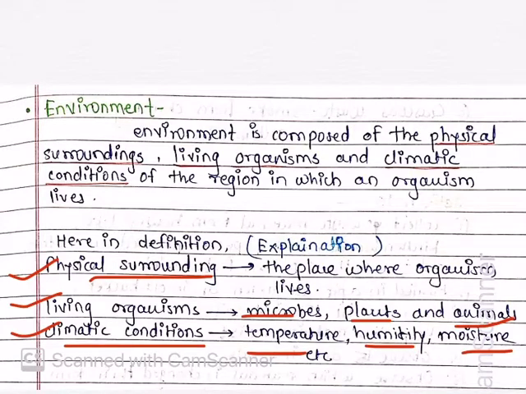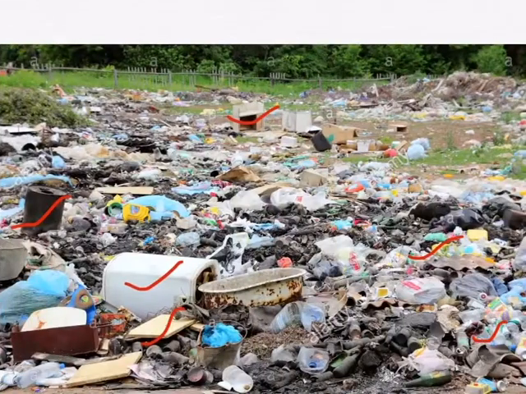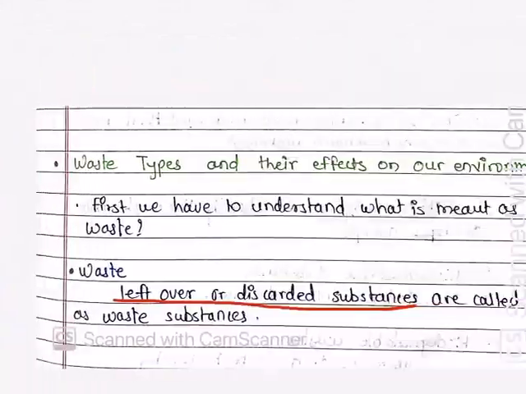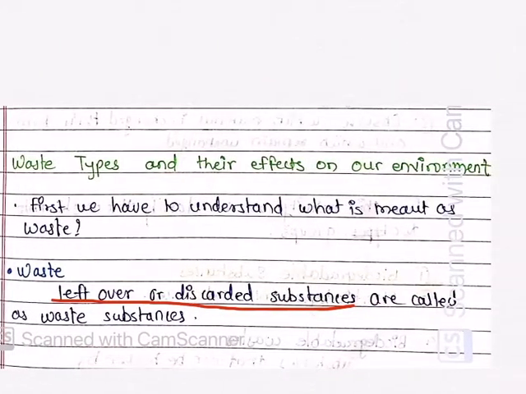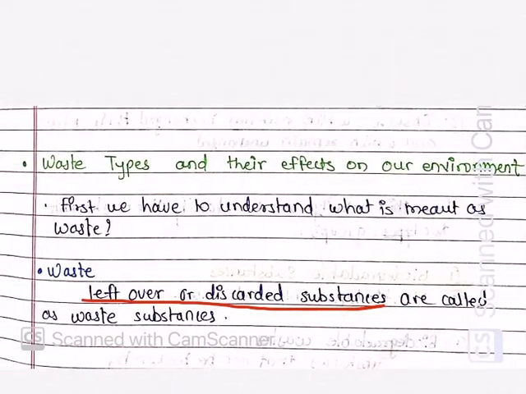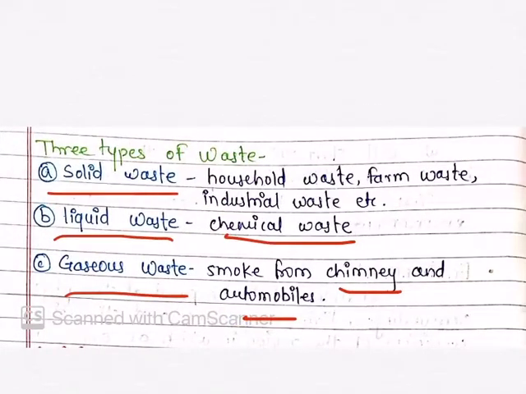Environment consists of physical surroundings, living organisms, and climatic conditions, that is, biotic and abiotic components. Then waste: waste is defined as leftover or discarded substances.